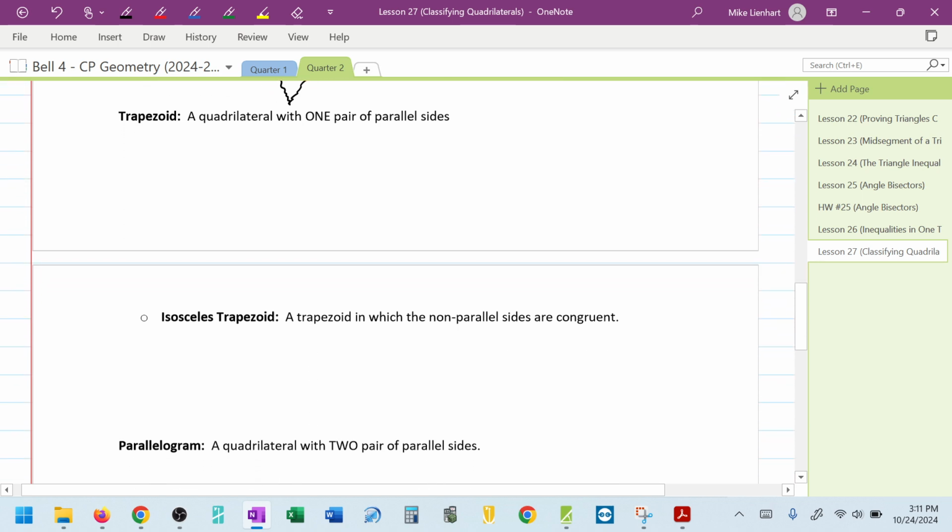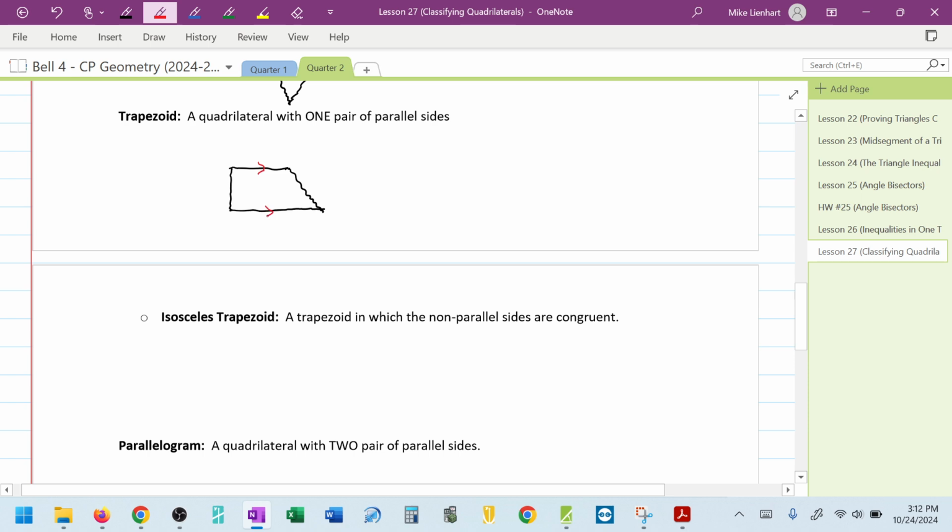Now, if we start to look at parallel sides, the first one is called a quadrilateral with one pair of parallel sides, or a trapezoid. A trapezoid is typically going to look something like this. We're going to start with two sides that we know are going to be parallel to each other. Okay, so for example, how do I know they're parallel?